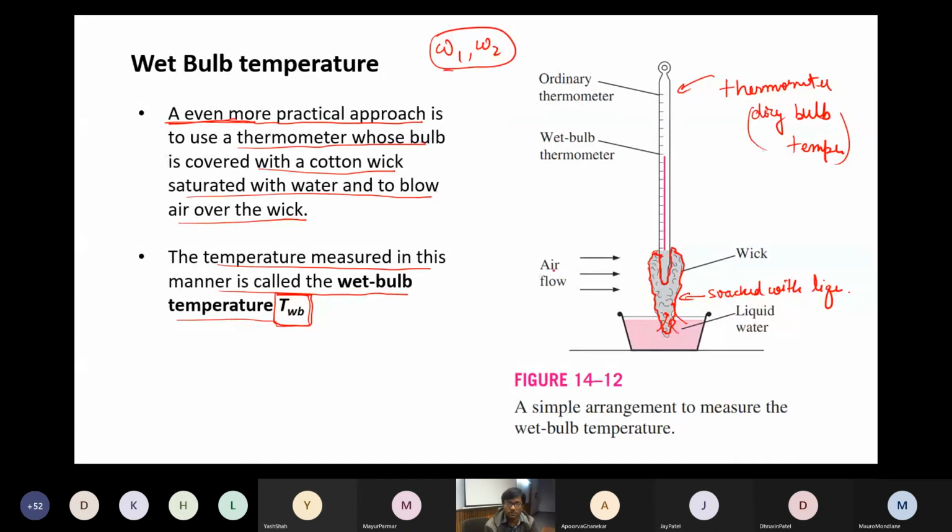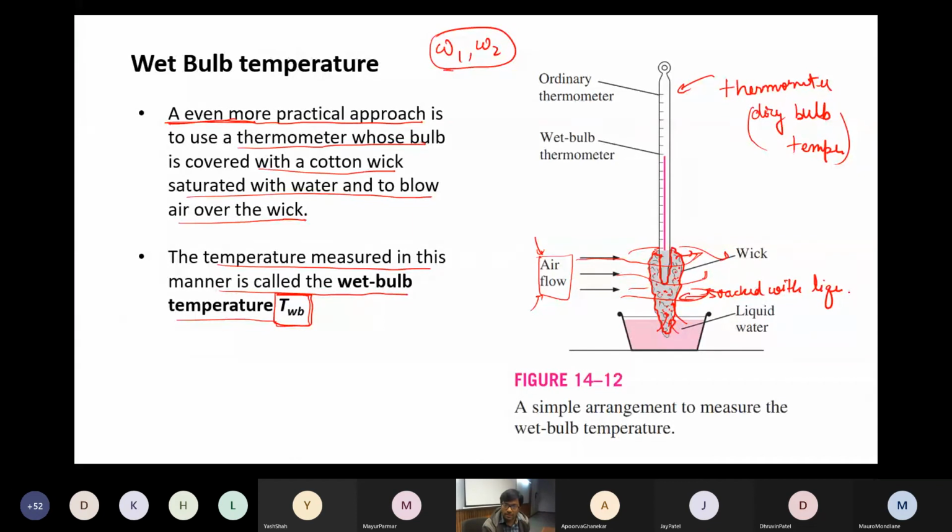Now let's suppose your air is unsaturated, and you blow the air over this wick. What will happen? The liquid that this cotton possesses is going to evaporate and mix with the airflow.